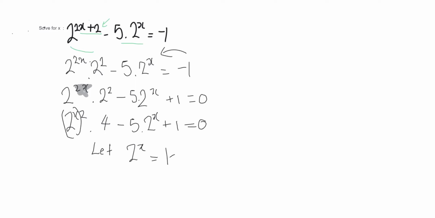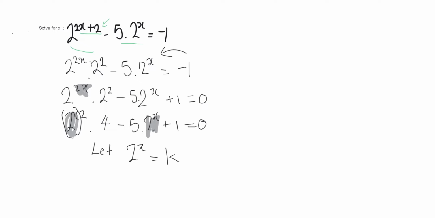What does that mean? In any space, remember here you have 2 to the power of x, and here you have 2 to the power of x. So whenever you have 2 to the power of x, you are going to write k, because 2 to the power of x is represented by k.